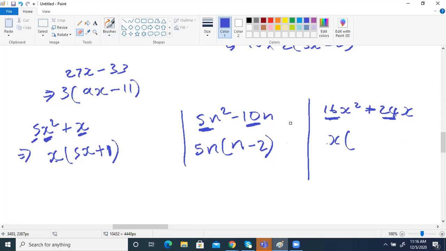But I use 4x, because I know that eventually we would see we could factorize further. So it's 8x, and in the bracket you'll have 2x plus 3. Nice, that would give you the answer.